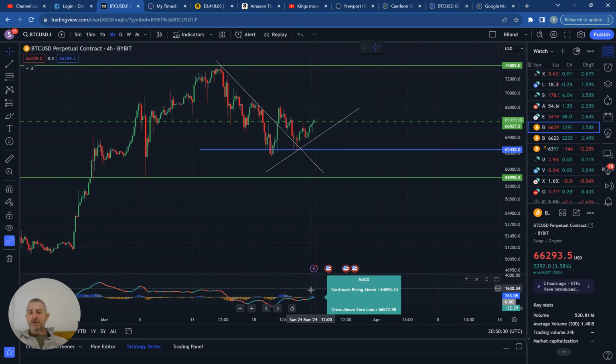Oh yeah, I just wanted to mention the MACD. It's been down there quietly going about its day, being completely ignored by me up until now. Hello MACD. And as you can see, this is one of Caretaker's amazing trading indicators.